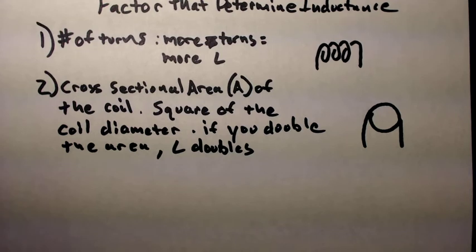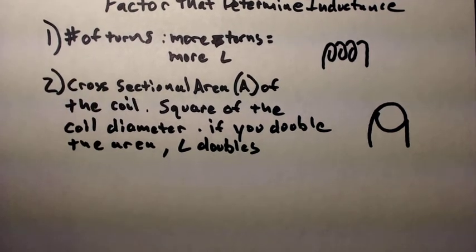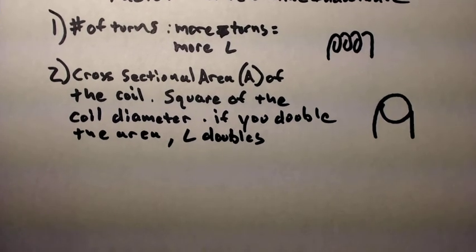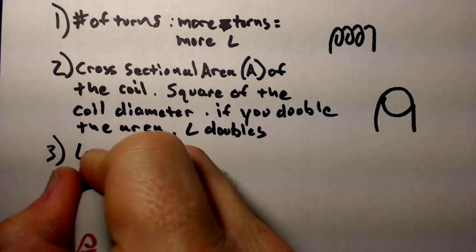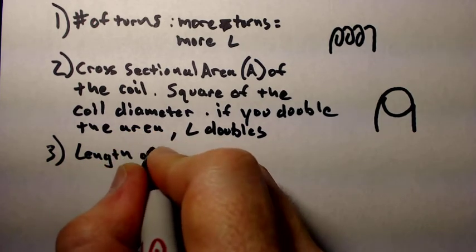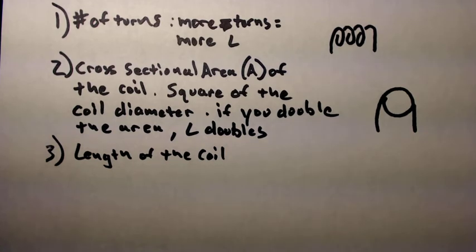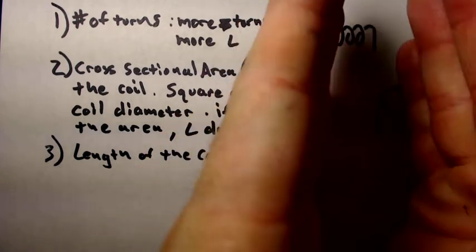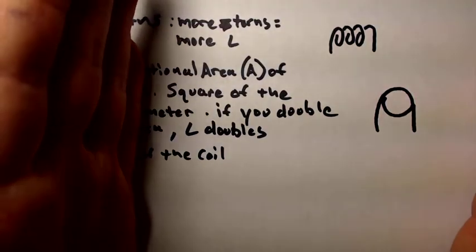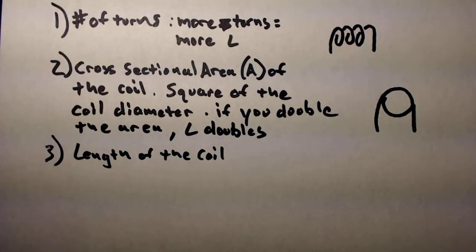Okay, so you can add more turns, you can subtract more turns, you can increase, decrease the cross-sectional area to change inductance. Also, the length of the coil. So if I make this longer, spread it out, stretch it out, I don't have them as tightly packed.